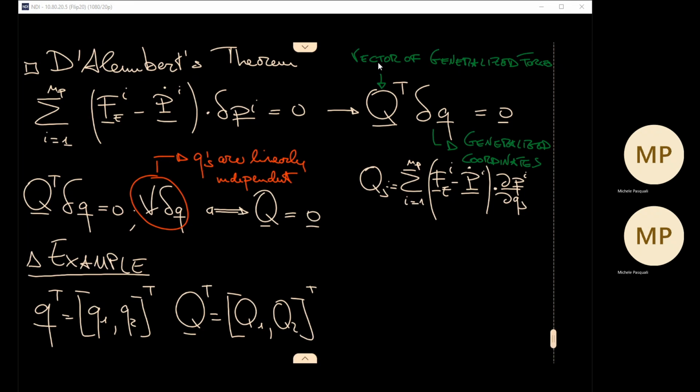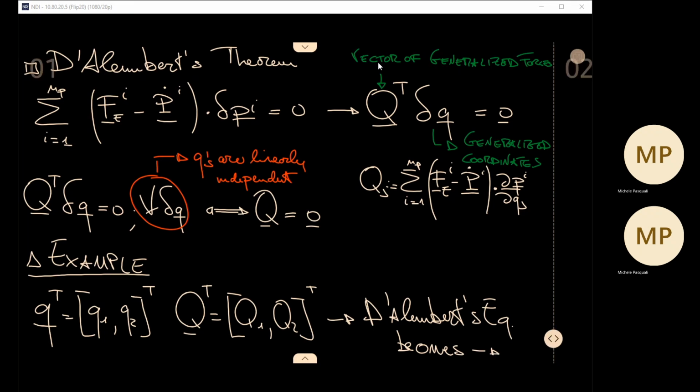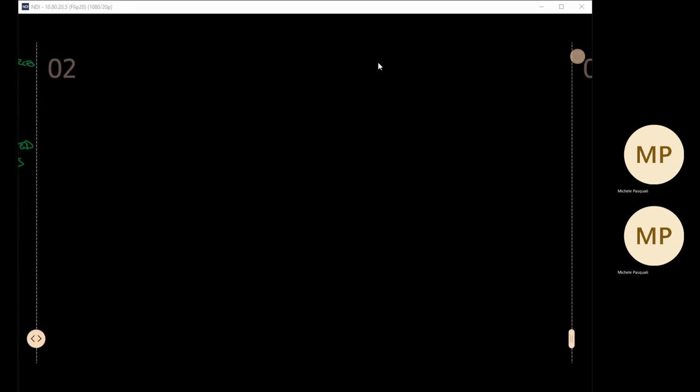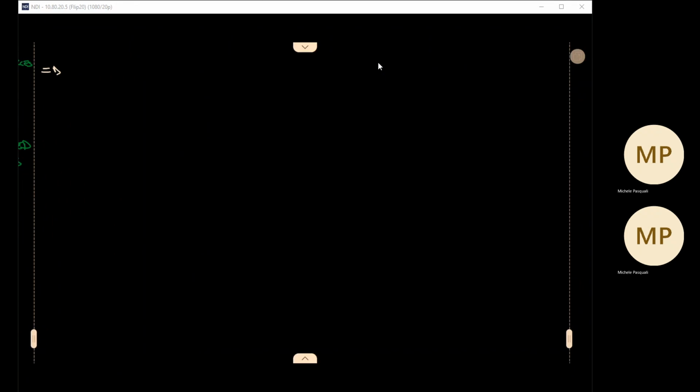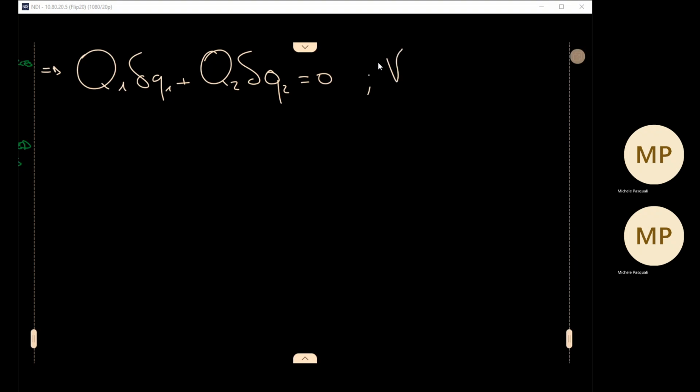So D'Alembert's equation becomes Q1 delta q1 plus Q2 delta q2 equal to 0. Okay? And do not forget, for every possible couple q1, q2.